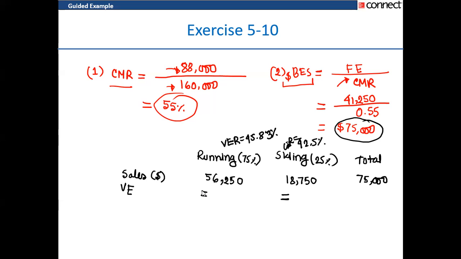What shall be the dollar variable expenses for running video games and for Skyeng video games? Apply the percentage 45.83% on the 56,250 and 42.5% on 18,750. I see responses are coming.